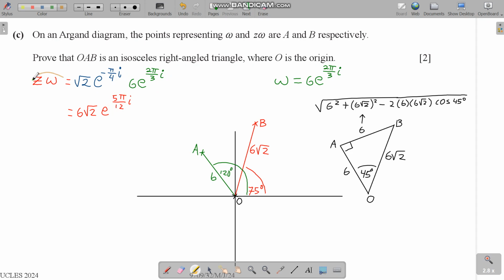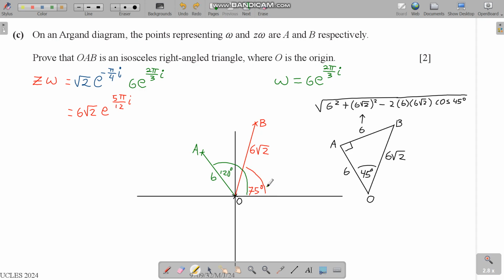So this is the complex number z omega. So that means the length is 6 root 2, and the angle from positive real axis is 5 pi over 12 or 75 degrees.